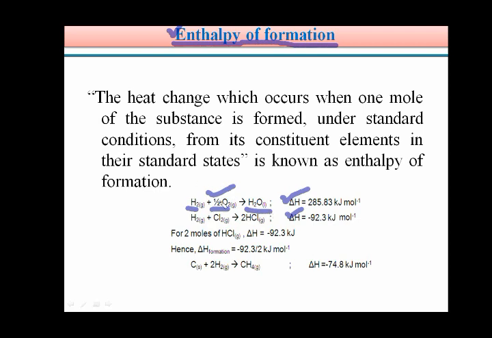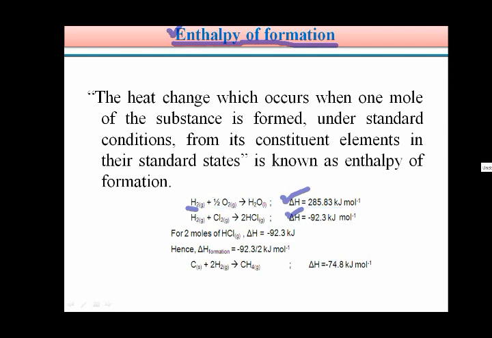So the heat change by the formation of 1 mole of substance from its constituent elements is known as the enthalpy of formation. Here the enthalpy of formation for a water molecule from hydrogen and oxygen is minus 285.83 kilojoules per mole. Kilojoules per mole are the units.